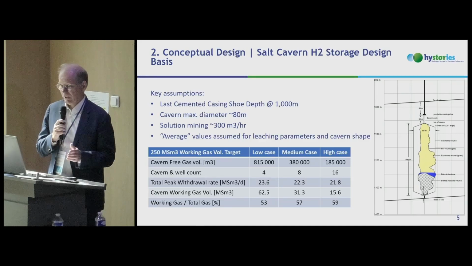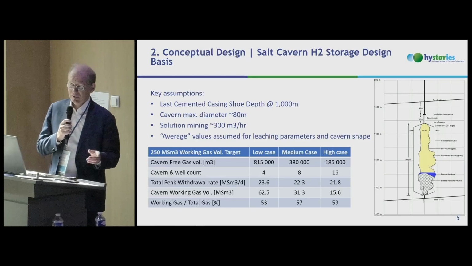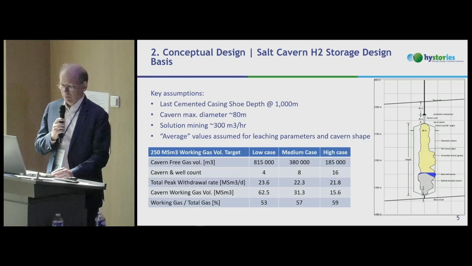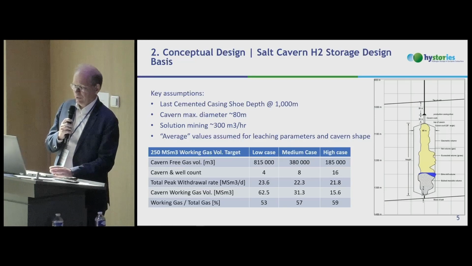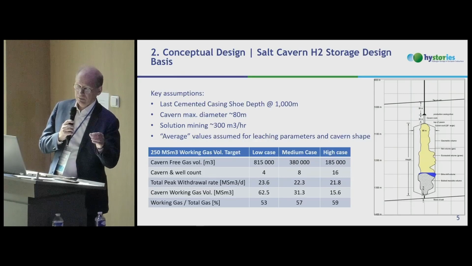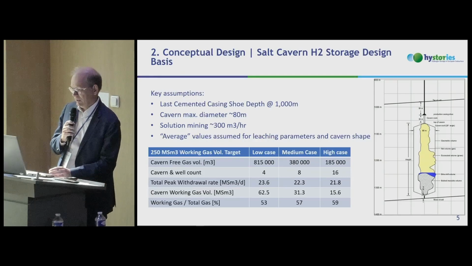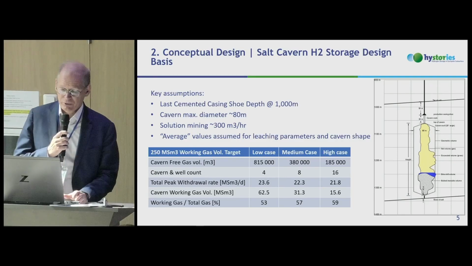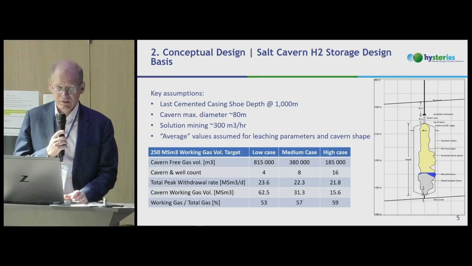In the medium case, we had 8 caverns, and for the high case, 16 caverns. Well, the peak withdrawal rate was about the same for the 3 cases. The working gas volume per cavern was obviously different. And then the working gas to total gas ratio was slightly different, but approximately between 50 and 60%.